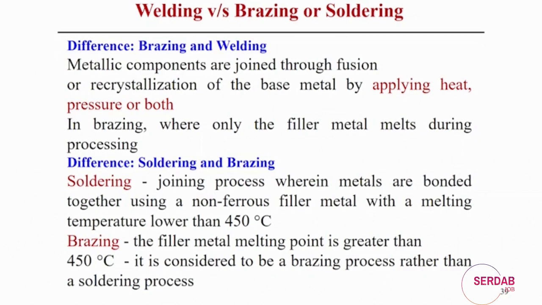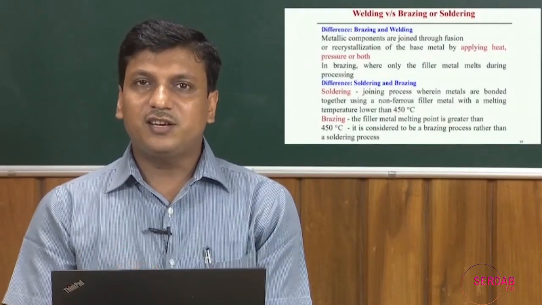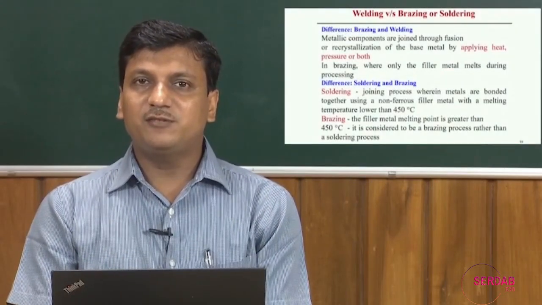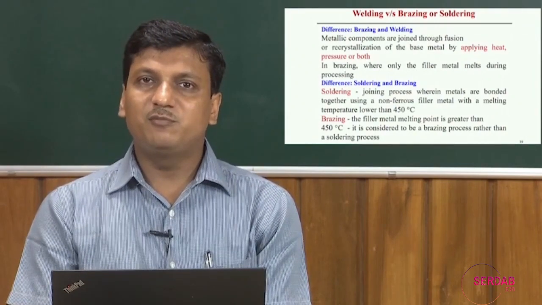In soldering, the temperature should be below 450 degrees centigrade, while the mechanism in brazing is the same, but the filler material is different since it can be operated above 450 degrees centigrade. So, in soldering and brazing we use filler materials having different melting point temperatures.